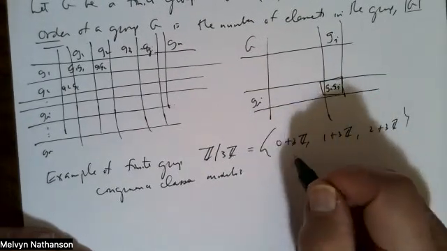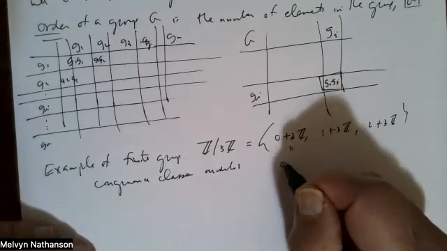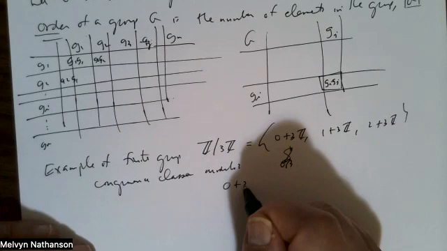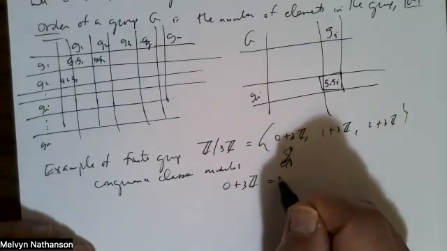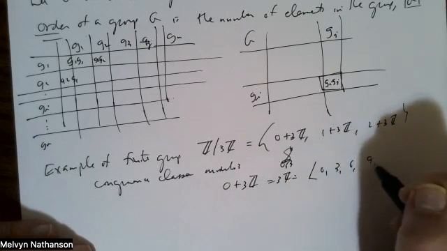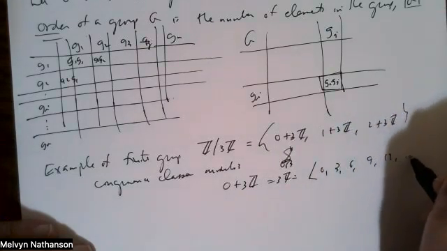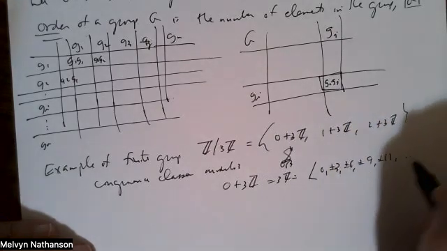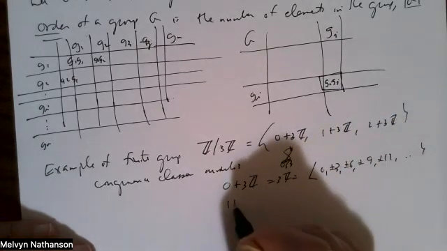This is the set of all integers divisible by 3. Right, so 0 plus 3Z, or just 3Z, is 0, 3, 6, 9, 12, and also the negatives. Right, the multiples of 3.